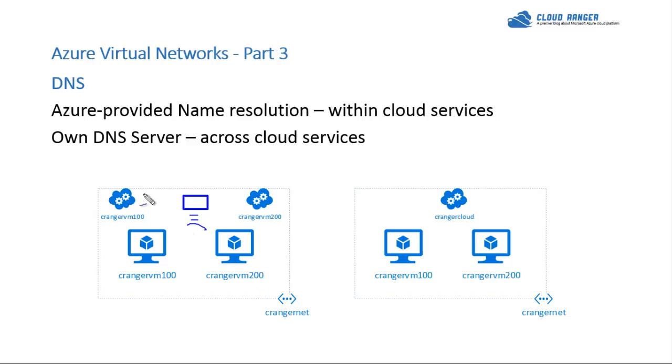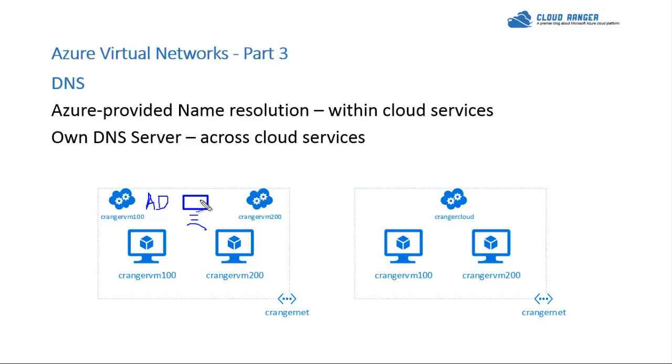This would be very simple if you have an Active Directory forest here. You have an Active Directory domain and your DNS server, and you join these two to the domain, and the DNS entry will always be there for you to resolve each other by hostname. That's one way to do this.